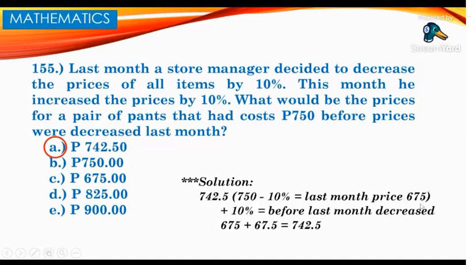Based from this price, dito naman siya mag-increase ng 10%. So the 10% of this is 67.5. And add it to 675. The answer is 742.5. So ito po yung bagong price niya.